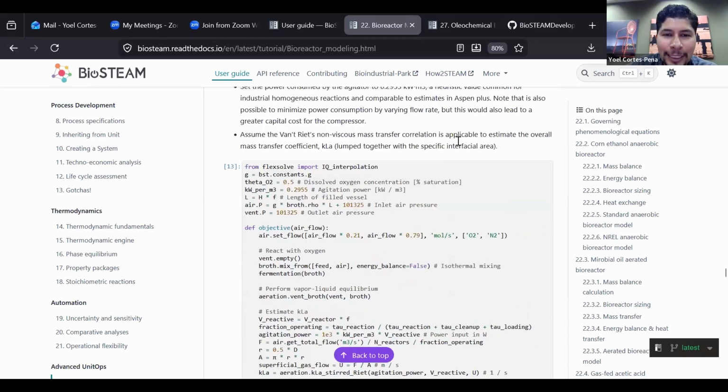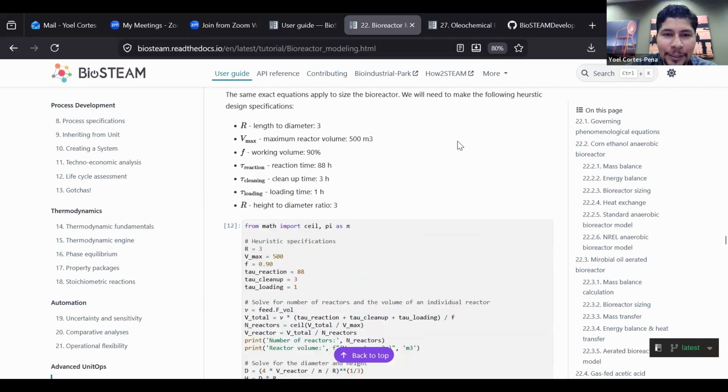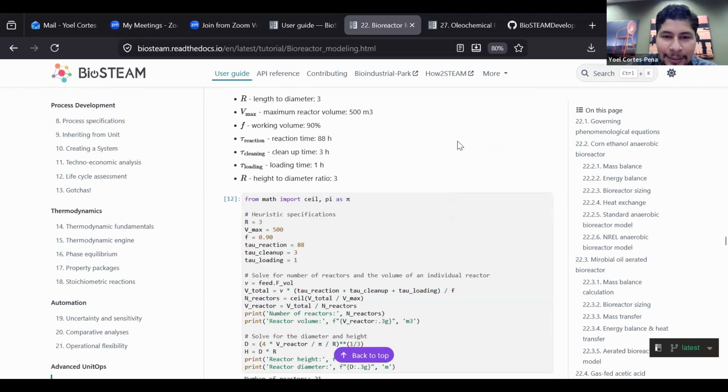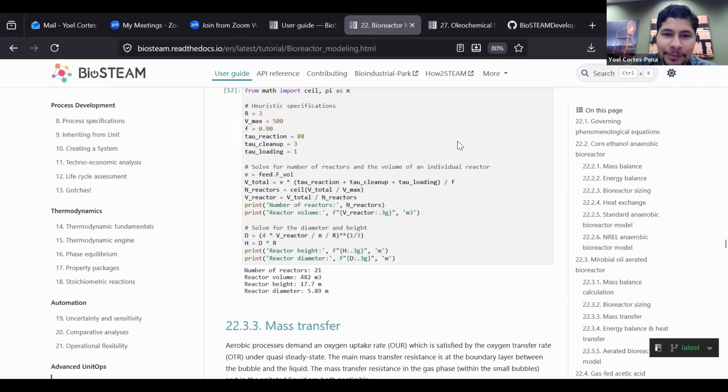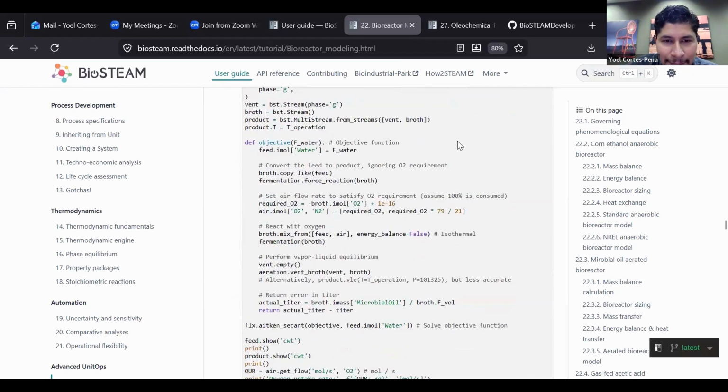Yes. So all that copy like does is it copies the flows and thermodynamic conditions of your other stream so that they're virtually the same streams after you run copy like. Let me go to a specific one. Here we go. Mix from copy like. So what's actually the reason we're doing this is because we don't want to change the feed. The input to a unit operation must always remain constant.